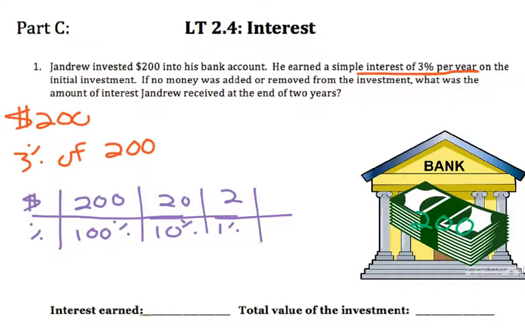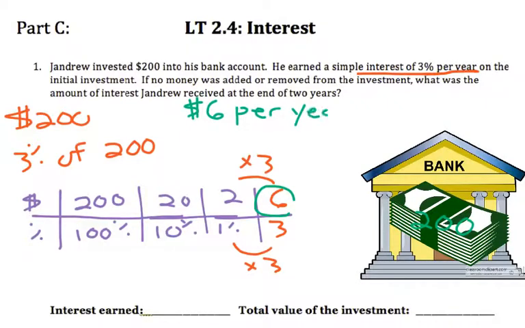And then it says he gets to keep 3%, so I'm going to scale up by multiplying by 3, which would give me $6. So what that means is that Jandrew's going to earn $6 per year in interest.